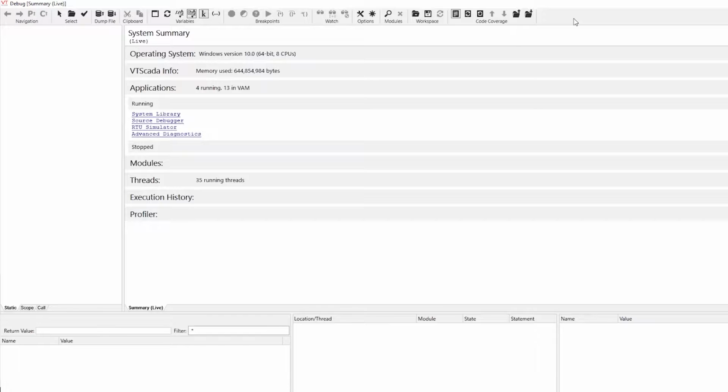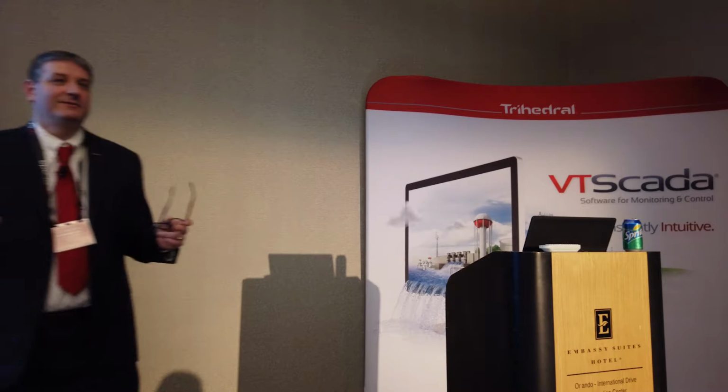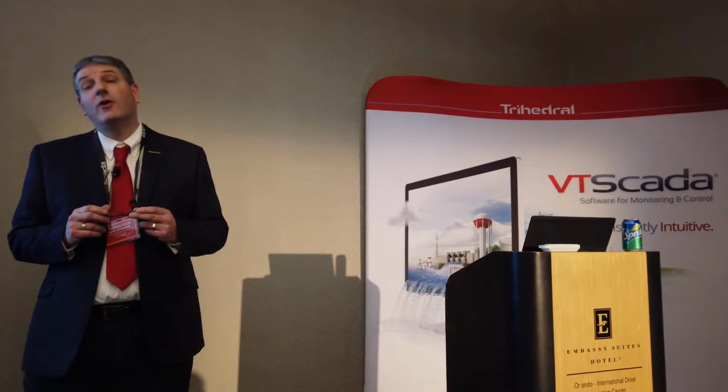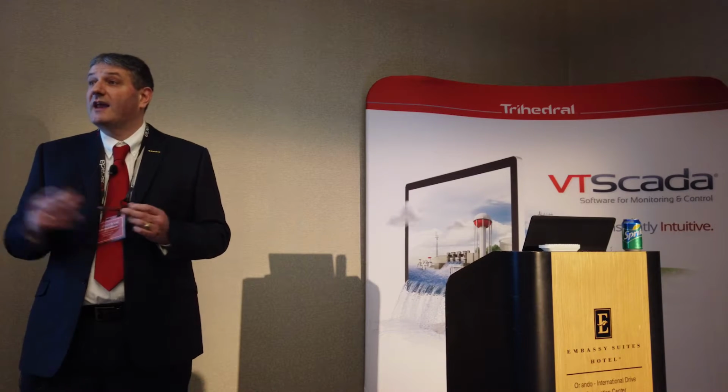The first thing to look at is the System Summary tab. Very useful. It tells me what operating system I'm running. You might think, well, surely that's obvious. Well, we're dealing with lots of customers running lots of different operating systems, and sometimes they lock down the operating system, so we can't actually get to it.